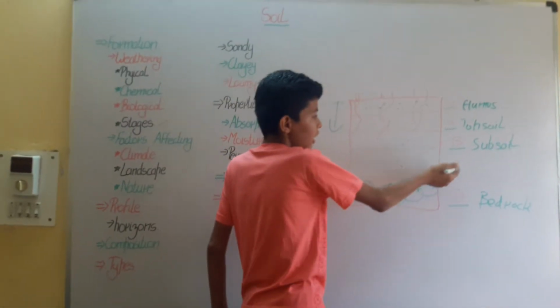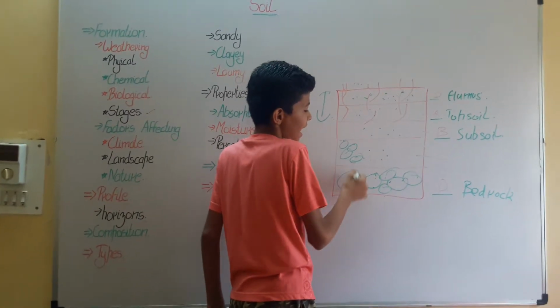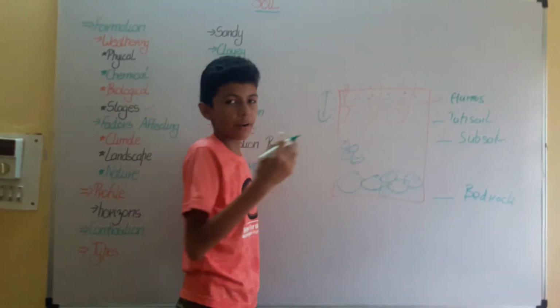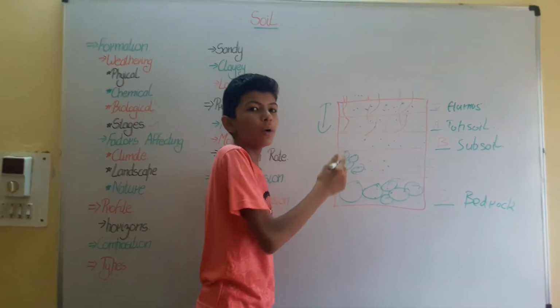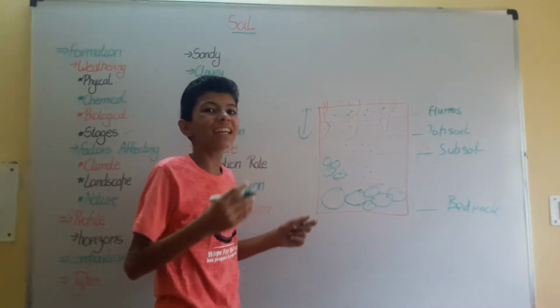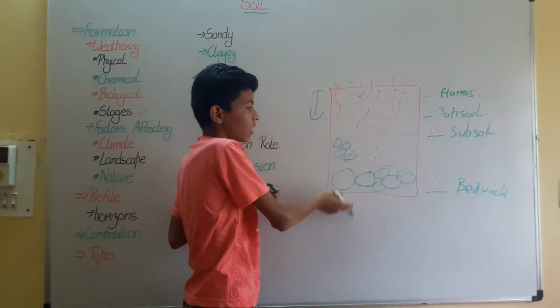In the C horizon there are also some rocks, but not as big as the D horizon, which is the bedrock. So you can understand how we divide the horizons of the soil depending on the different properties of the soil found in each range.